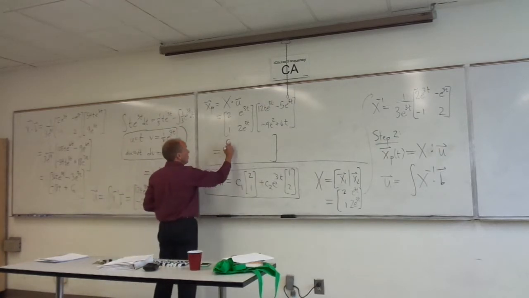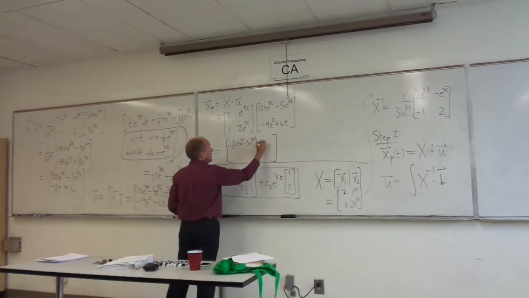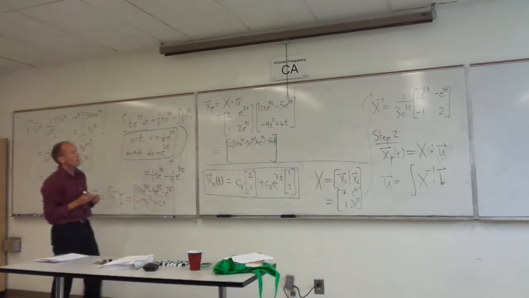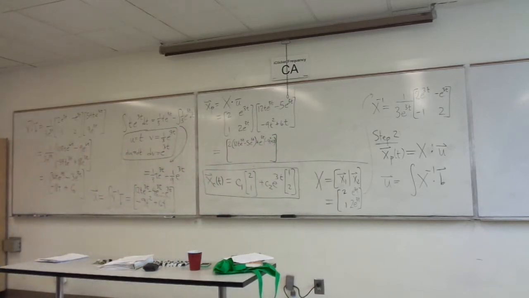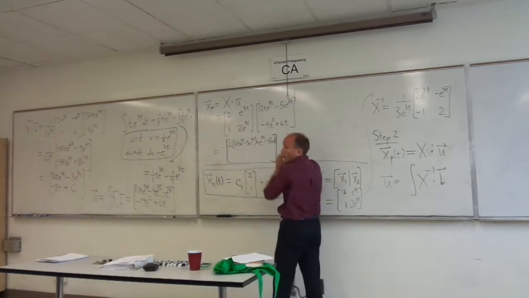So it's going to be 2 times 12t e to the 3t minus 5 e to the 3t, plus e to the 3t times negative 9t squared plus 6t. So I'm just multiplying it out: this times this plus this times this.